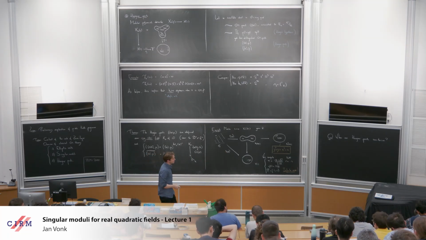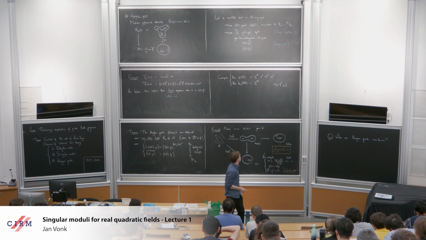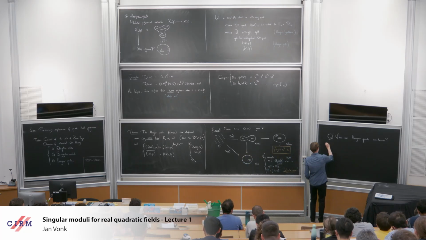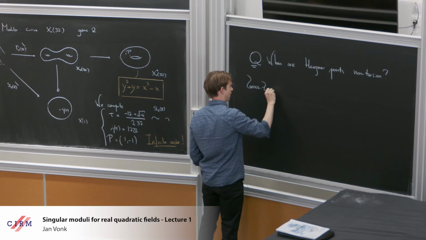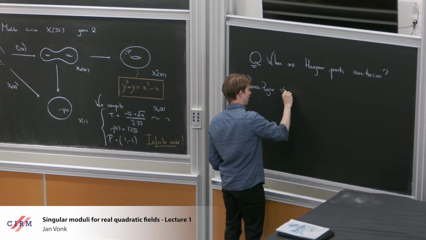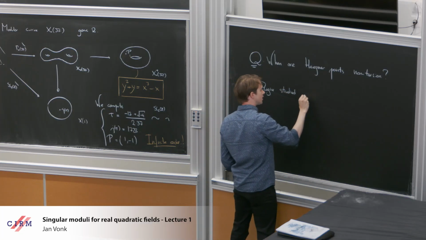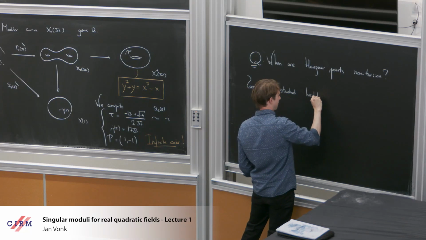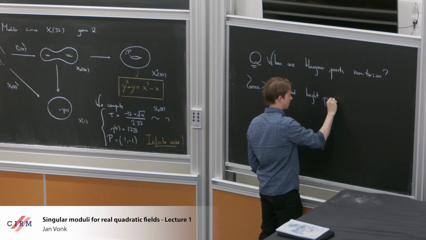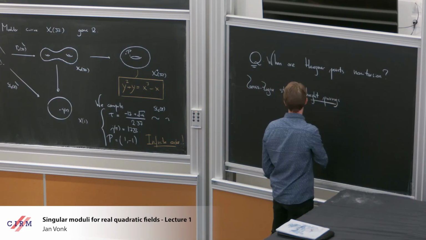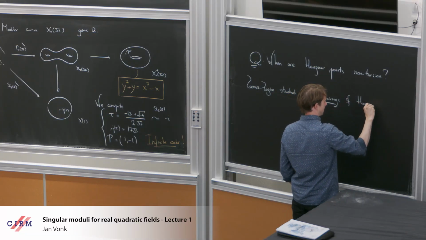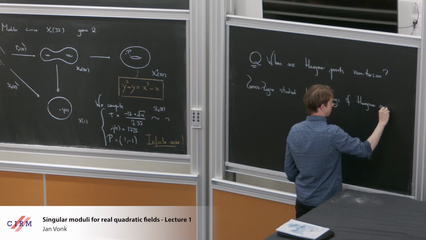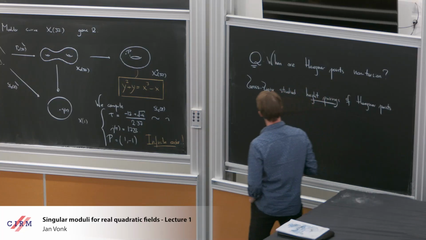And this is precisely the question that Gross and Zagier started studying. So Gross and Zagier studied the height pairings of Heegner points.